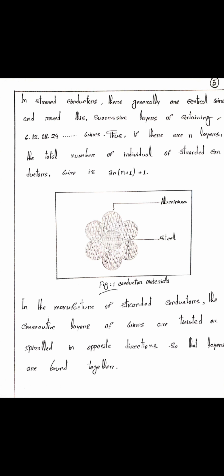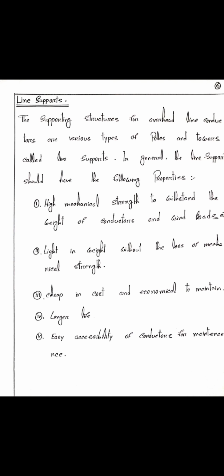In the manufacture of standard conductors, the consecutive layers of wires are twisted or spiraled in opposite directions so that the layers are bound together. Line support. The supporting structures for overhead line conductors are various types of poles and towers called line supports.